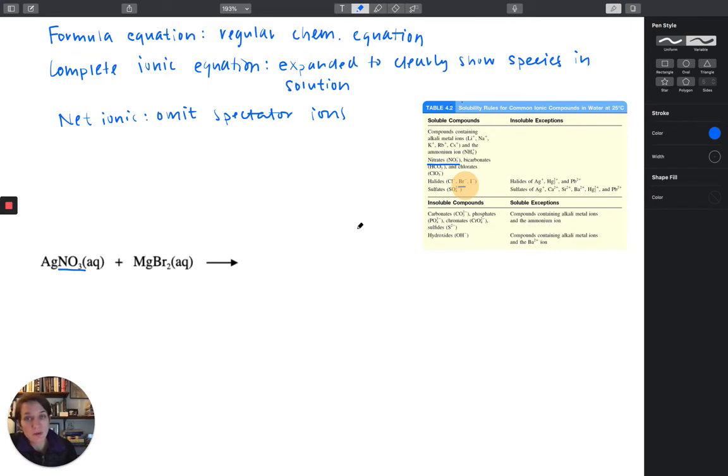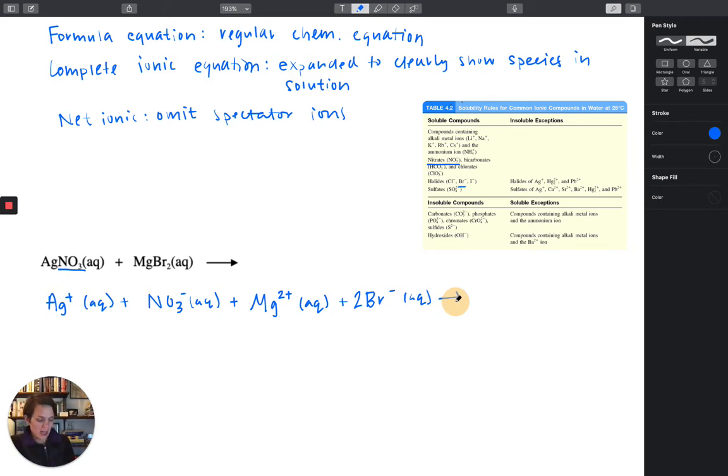So we know that both of these species are going to exist as ions. We would write that as Ag plus aqueous, plus our NO3 minus aqueous, then we have our magnesium, 2 positive aqueous, and our bromide, also aqueous.